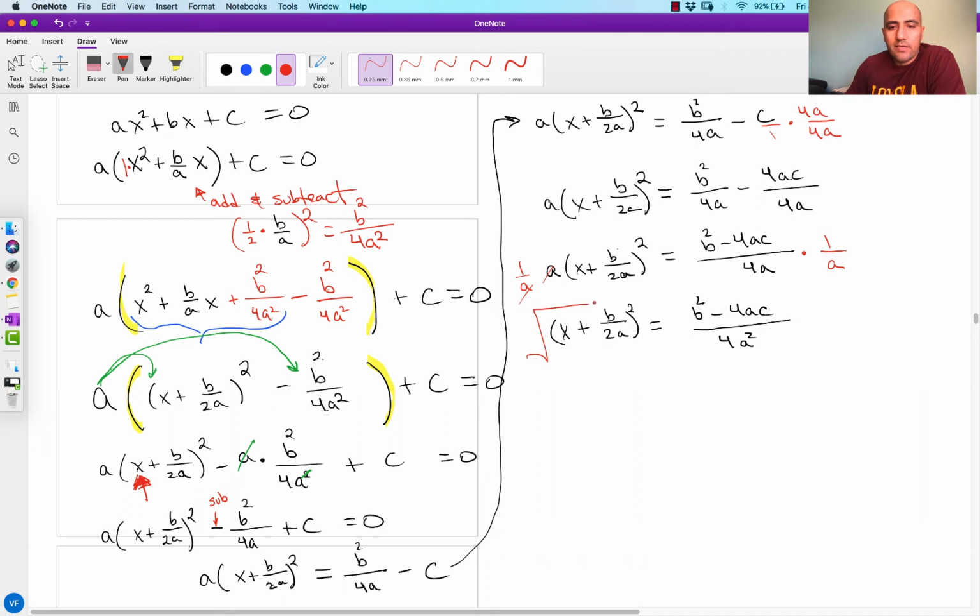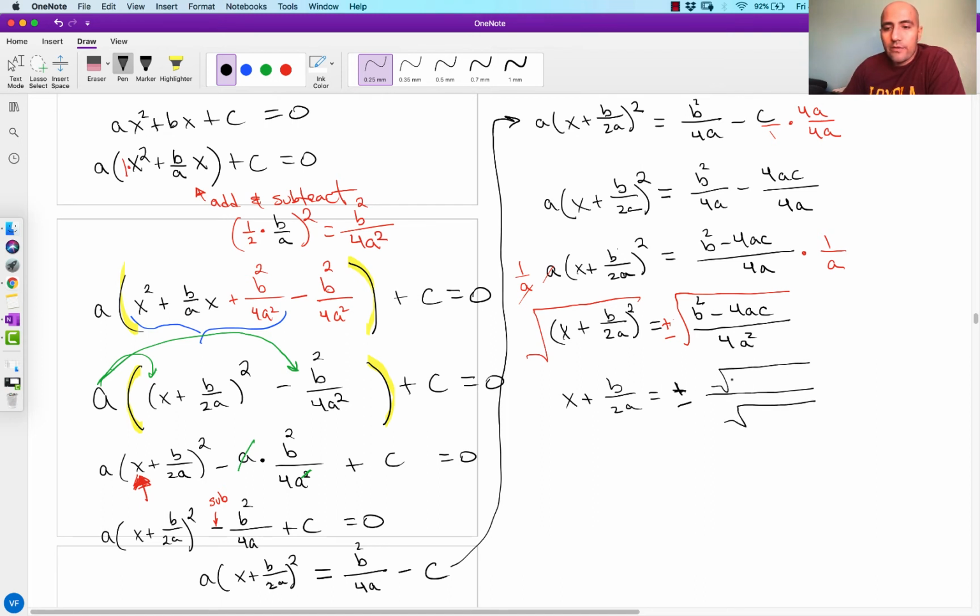So take the square root of this side, and then plus or minus the square root of this side. On the left-hand side, the square and the root will cancel out. I'll end up with just x plus b over 2a equals plus or minus this giant root, which I can separate into a giant fraction where I have the root of the numerator and then the root of the denominator.